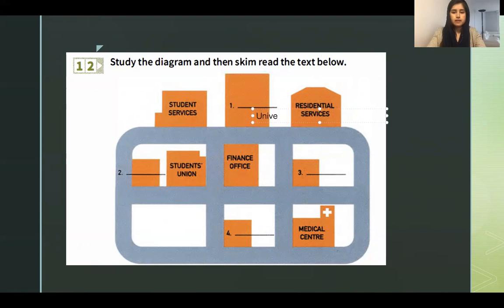Okay, I'm just going to write it here. University library. In this case, it doesn't say how many words the answer should be because it's a simple practice, but in the exam, you will definitely have the word numbers.